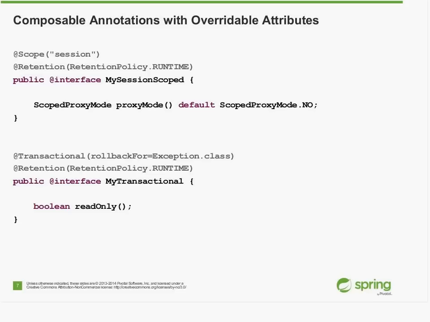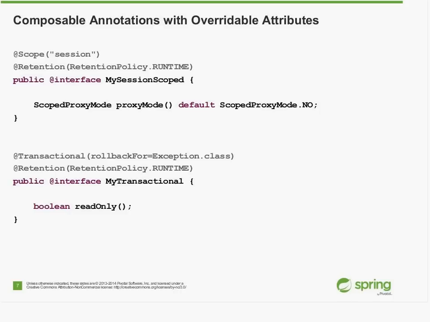This custom scoping annotation above here, MySessionScoped, has a proxyMode attribute. And that attribute, just through its presence, just through it being declared here, is being matched against the same named attribute on the @Scope annotation. So our custom scoping annotation here is able to override an attribute on the meta annotation that it is being declared with. @Scope is Spring's standard scoping annotation.